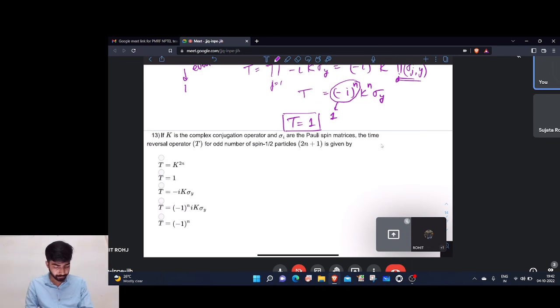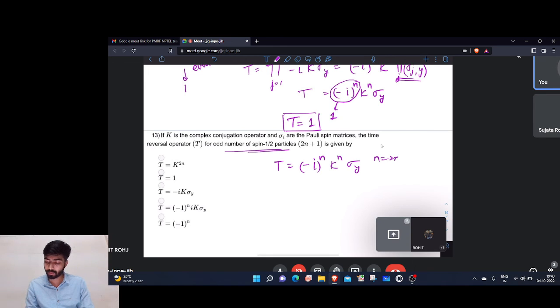And in the same case, if K is the complex conjugation operator, and in the case of an odd number of particles, the T that we just evaluated above is -1 raised to power n, minus iota raised to power n, K raised to power n, sigma y.